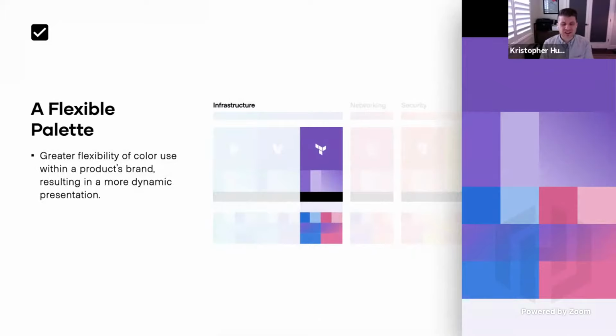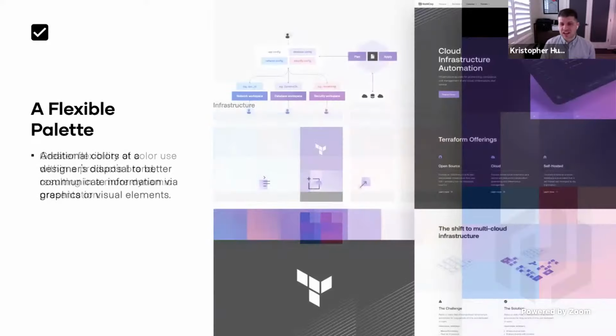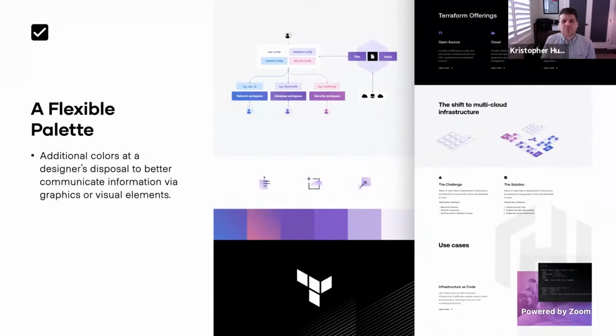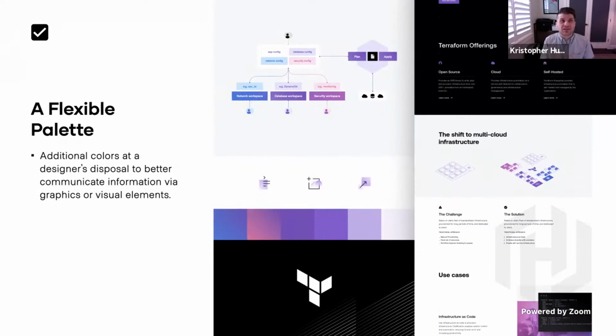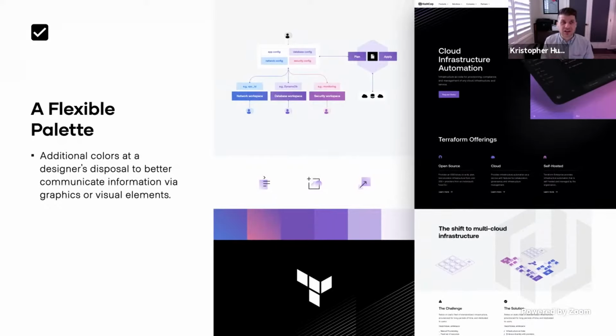The other benefit is a flexible color palette. Not only are we choosing and refining our product colors, but we're also going to be adding in some more secondary colors so that we can integrate these colors and have more at a designer's disposal to articulate concepts within diagrams when you have a better color palette than just purple.